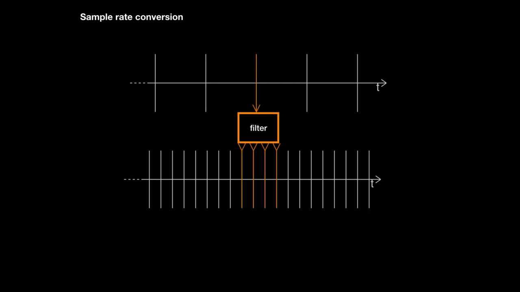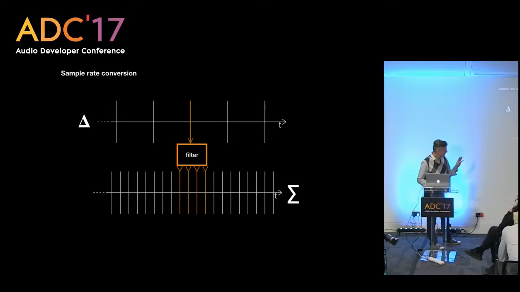So what if the filter is actually very small? You say, well, that cannot work. It produces aliasing. Right, this produces aliasing. That's exactly what I want to do. What I also do is differentiate the input signal and integrate the output signal at the end. Trust me, I know where I'm going with that.